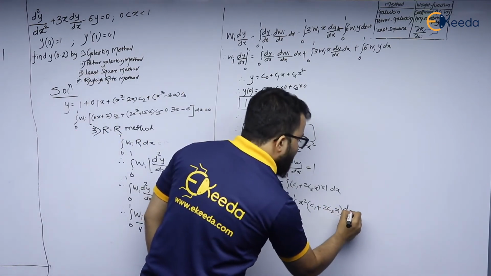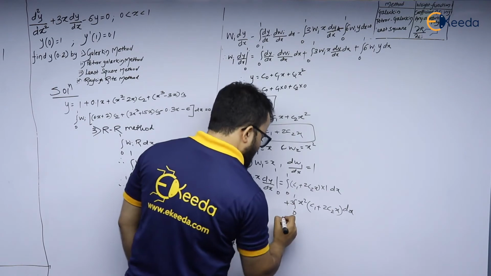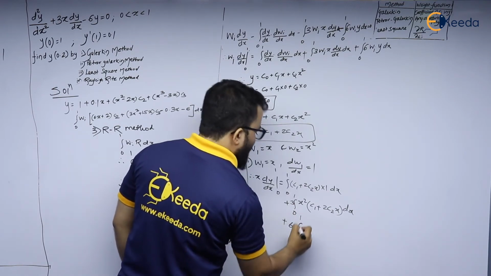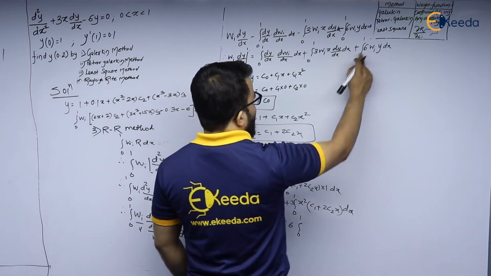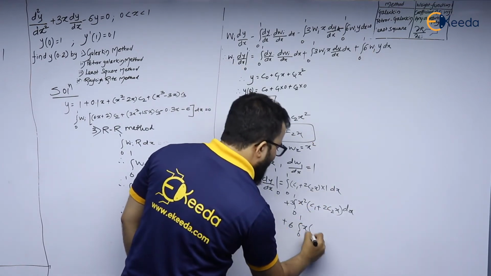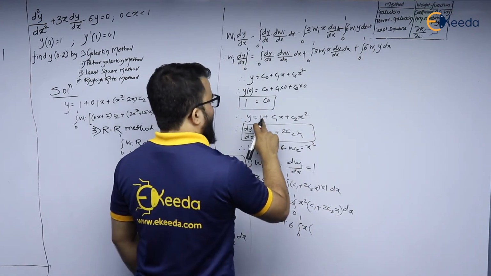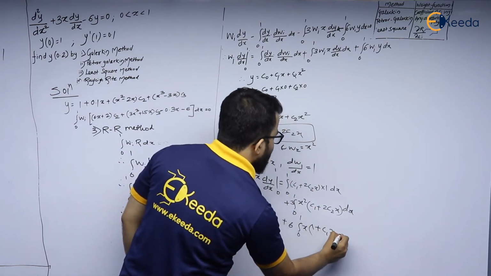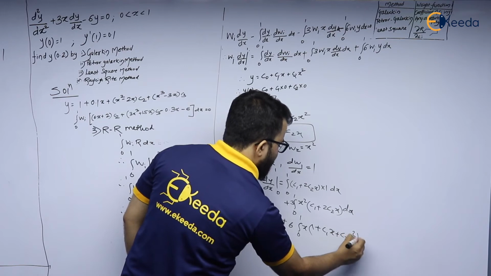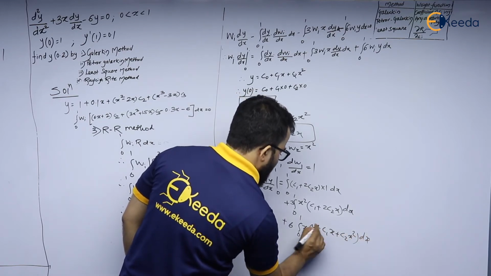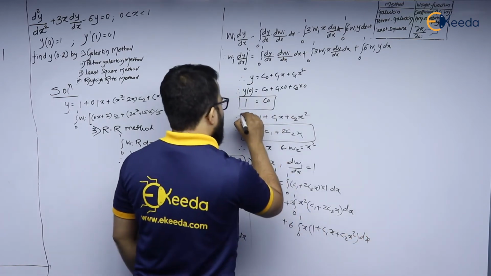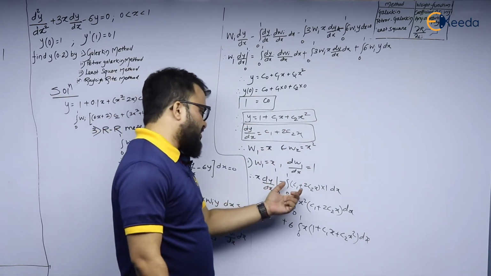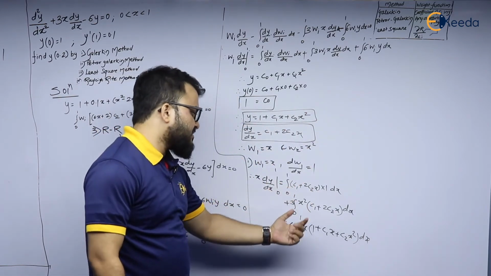Now the third term is 1, 6 common, from 0 to 1, w1 which is x, into y which is 1 plus c1x plus c2x square, into dx. So I got three terms: this is the first term, this is the second term, this is the third term.